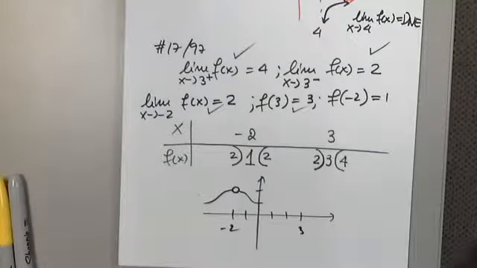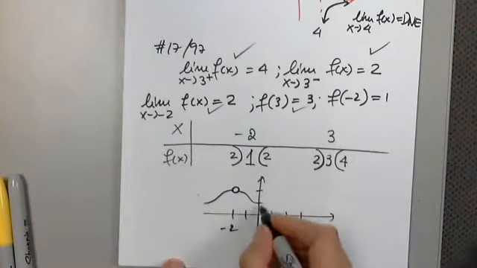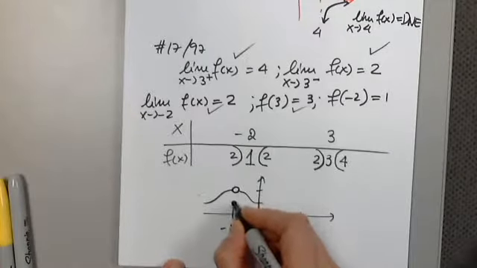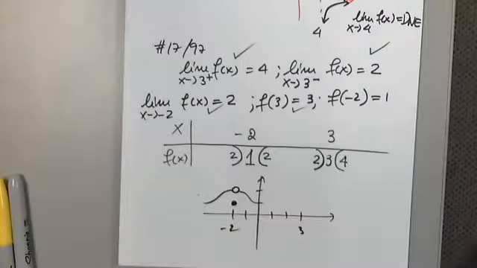As x approaches -2 from either side, the function values approach 2, to be exact. However, at -2, the value is 1. So I'm completely done with -2 and the action around -2.